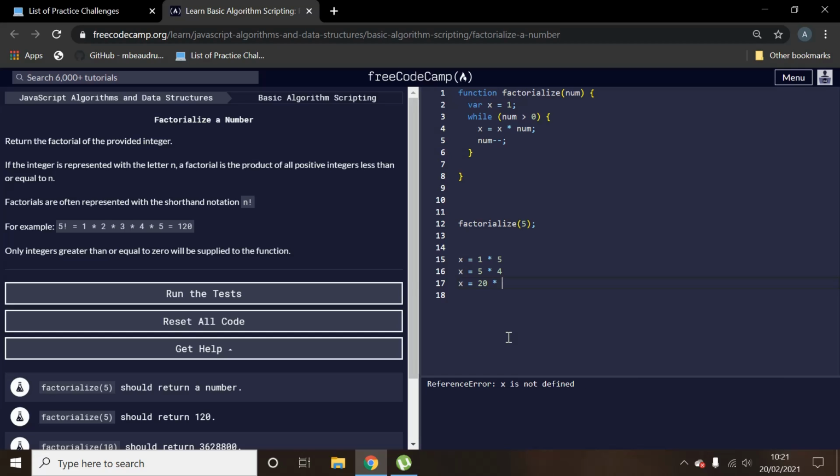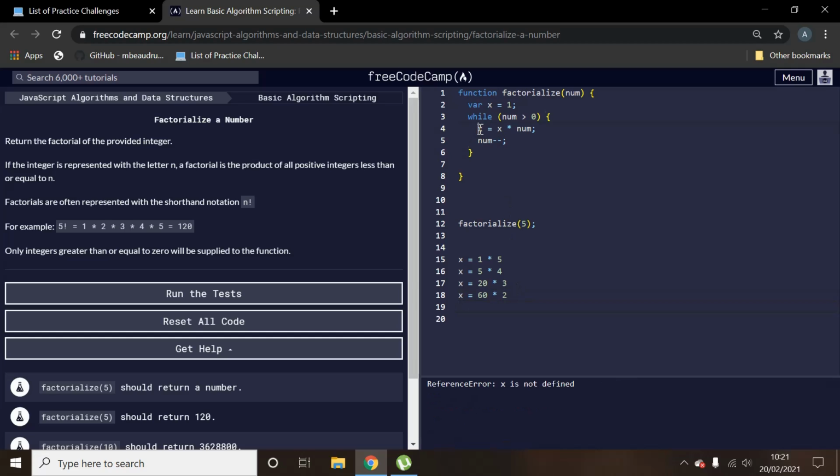Multiply by the new value of num, after num minus minus, num was 4, so now it becomes 3. Okay, x is equal to, new value of x now, 20 times 3, 60. Multiply by the new value of num, it was 3, and then num minus minus, it becomes 2.